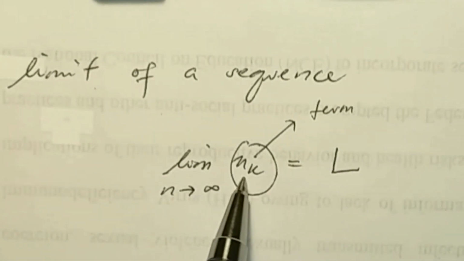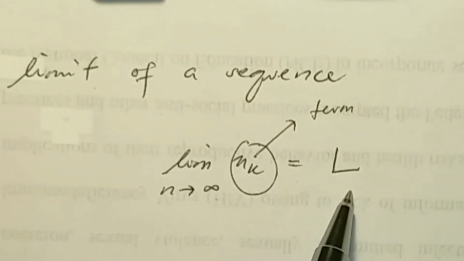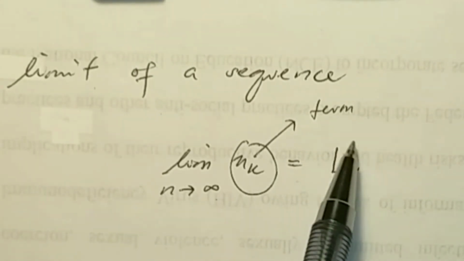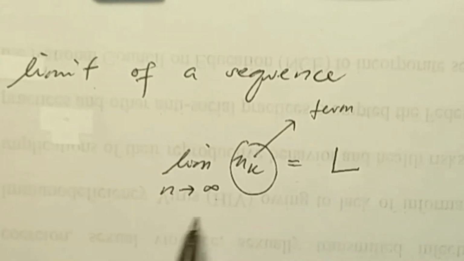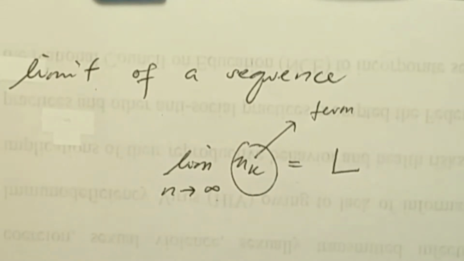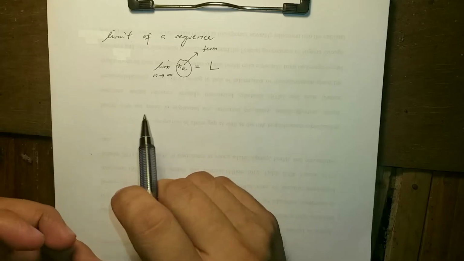So the limit of uk as n approaches infinity equals L. So L is the value wherein the sequence gets going to as the number of terms gets large.